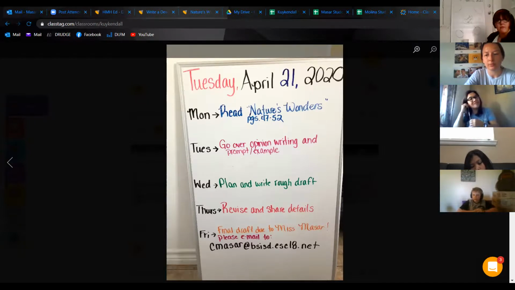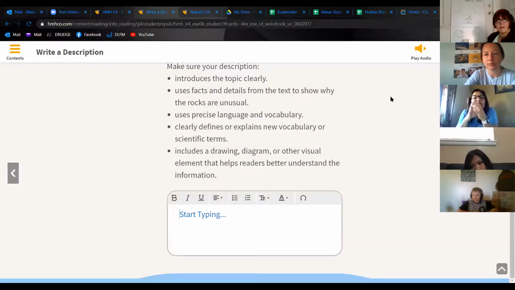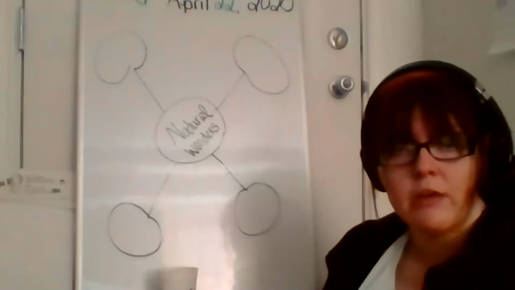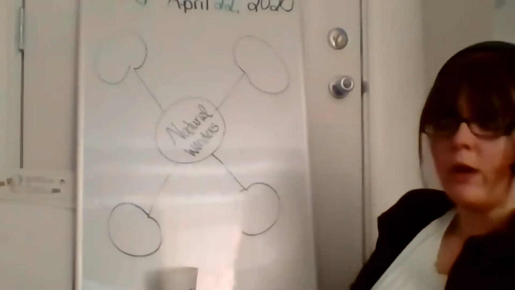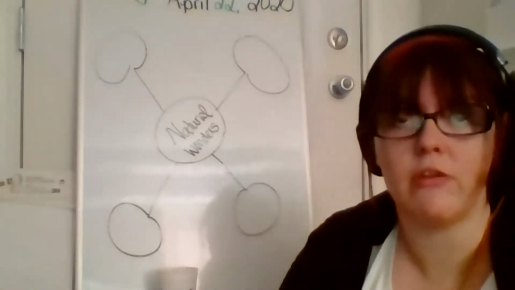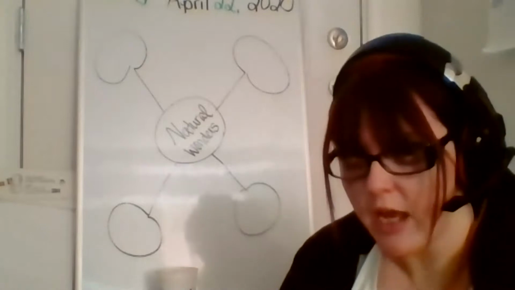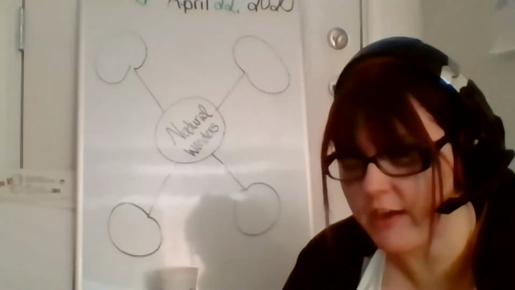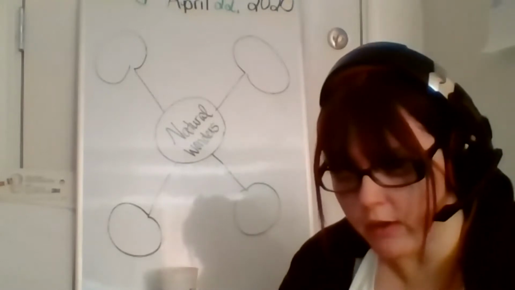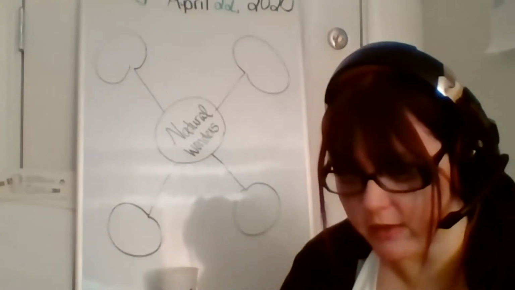So I'm going to stop sharing for just a second. If you look behind me, I have our bubble map. So I'm going to give you, if you will please, on one of your pieces of paper that you used with Ms. Kuykendall and Ms. Molina, about 30 seconds to draw that bubble map on your paper, and then we're going to get started.